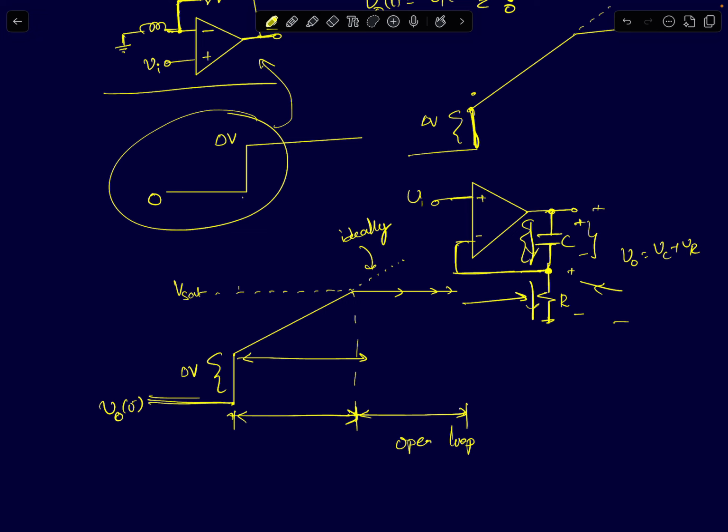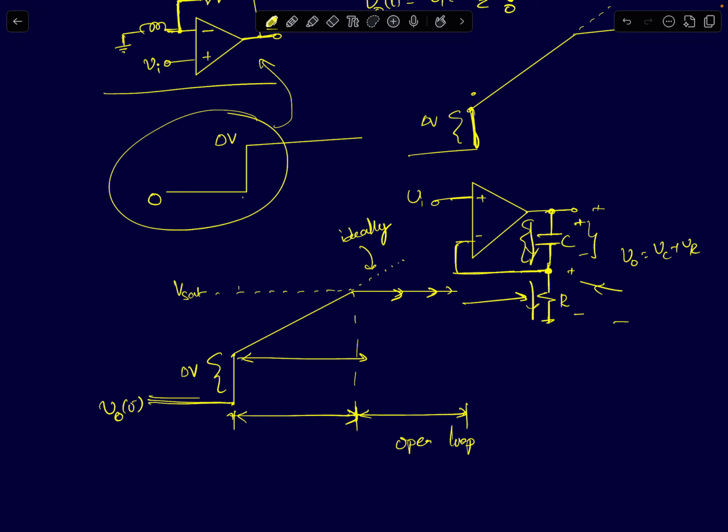So the capacitor will be charged to plus Vsat volts. So that's the behavior of a non-ideal non-inverting integrator. It will have a sudden jump.